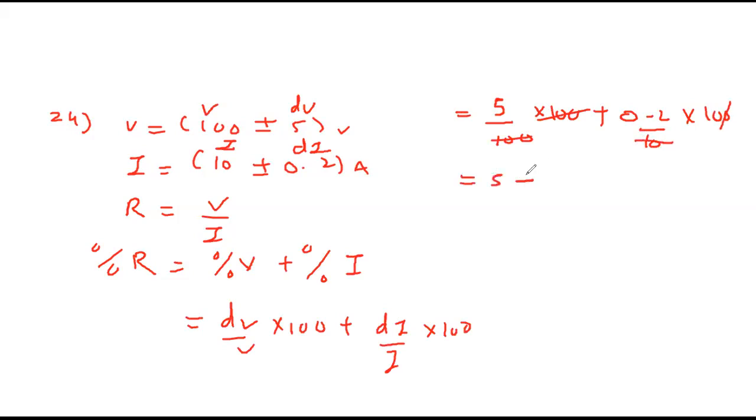So 5 plus 2 equal to 7% is the percentage error in resistance.